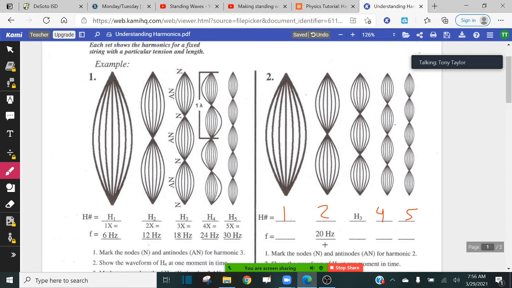Now, guys, notice they tell us that at the second harmonic, the frequency is 20 hertz. So what is its fundamental frequency? You would just do 20 divided by 2, and we learn that the fundamental frequency is 10 hertz.